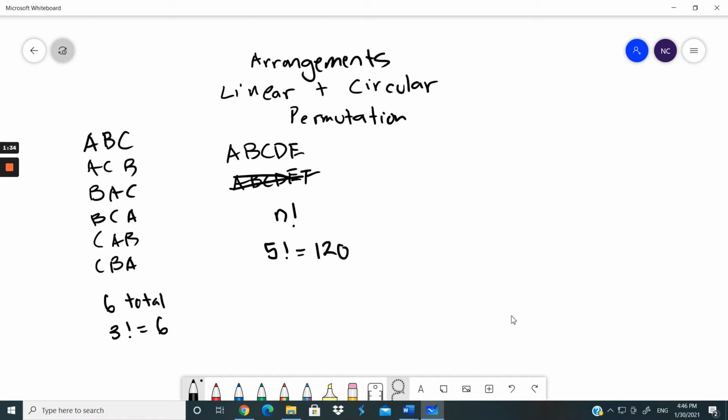So this works with anything. One exception is that what if there are repeats? For example, what if you have A, B, C, D? If we switch these two around, it's going to be exactly the same. So it wouldn't count as another arrangement.